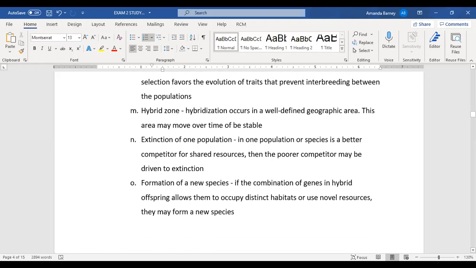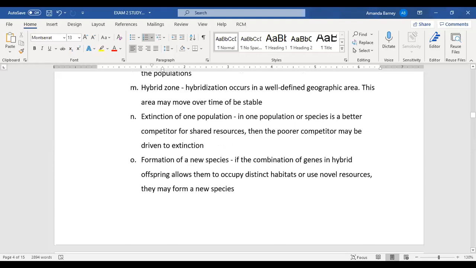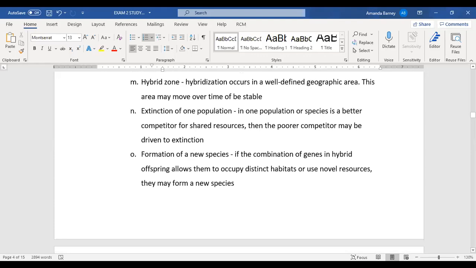You have a hybrid zone, which is where they come together and these species start to overlap. You still have two distinct species, and in the middle you'll have a new species forming, but they're able to breed across the line, interbreed.